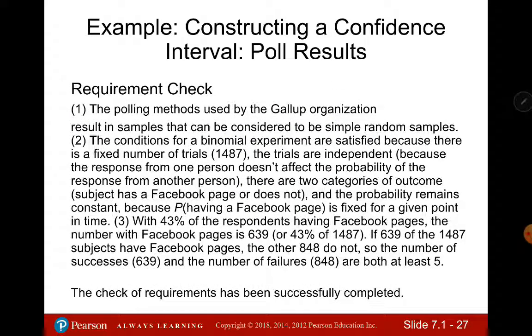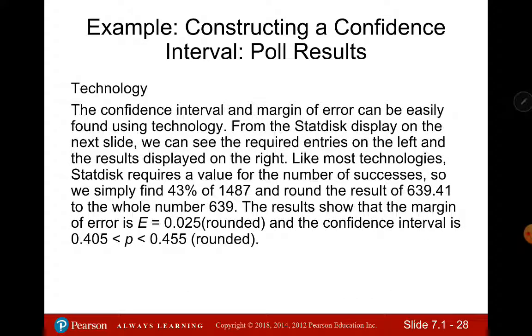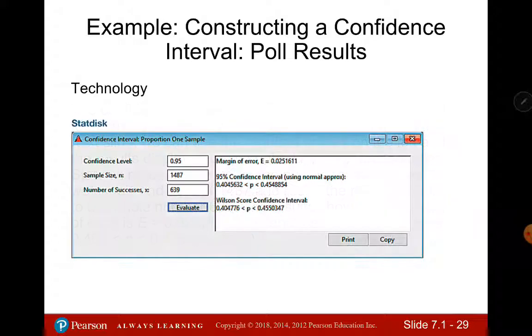Of course, if we want to construct a confidence interval, we need to check if it's a binomial distribution, and if the sample is a simple random sample. If all of the requirements are satisfied, right? So in this question, we quickly go through this part.